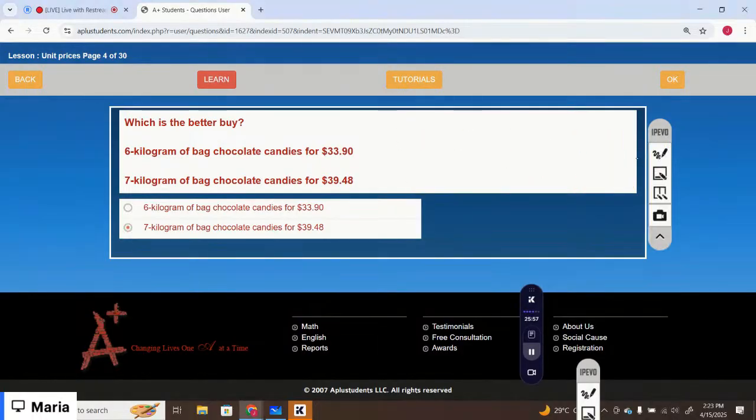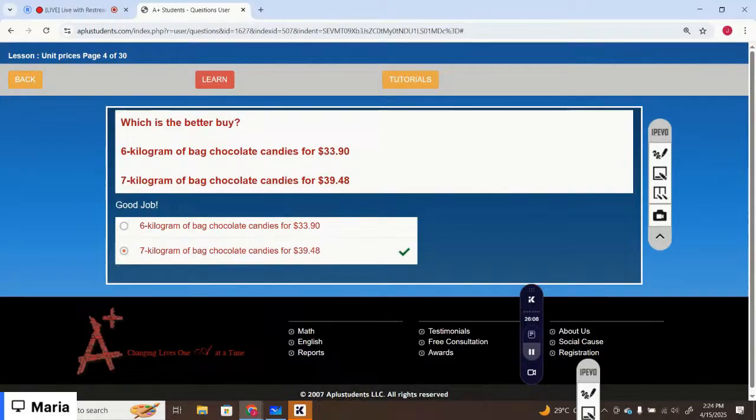Option number 2 is the correct option. That is 7 kilogram of dark chocolate candies for $39.48. Option number 2 is the correct option.